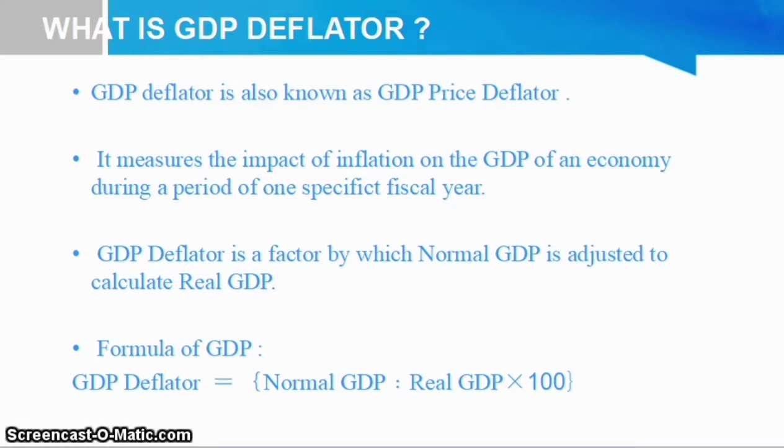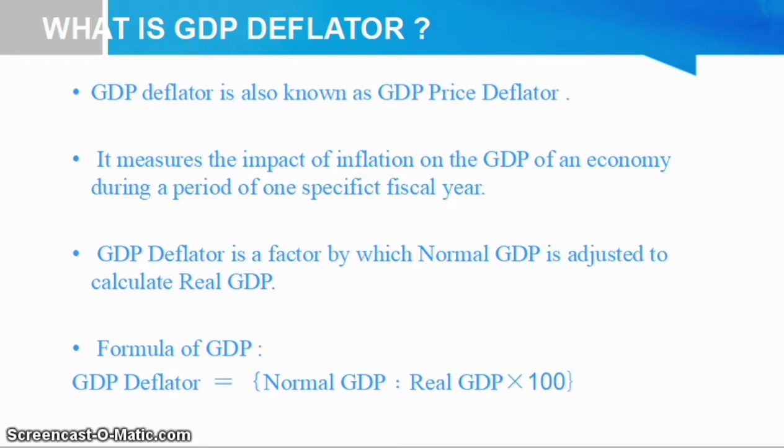So, the point is GDP deflator is a factor by which nominal GDP is adjusted to calculate real GDP. It adjusts gross domestic product by removing the effect of rising price inflation. It shows how much an economy's GDP is really growing.